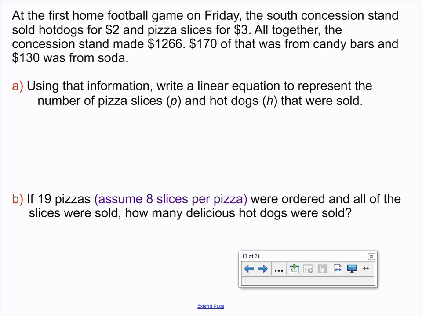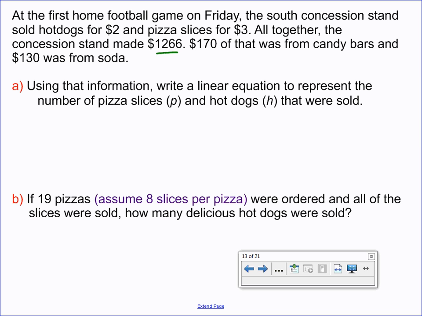So the concession stand sold hot dogs for $2 and pizza slices for $3. Altogether, the concession stand made $1,266, but 170 was from candy and 130 was from soda. Our task is to write a relationship for pizza slices P and hot dogs H. So let's go ahead and get rid of our unnecessary candy sales and soda sales.